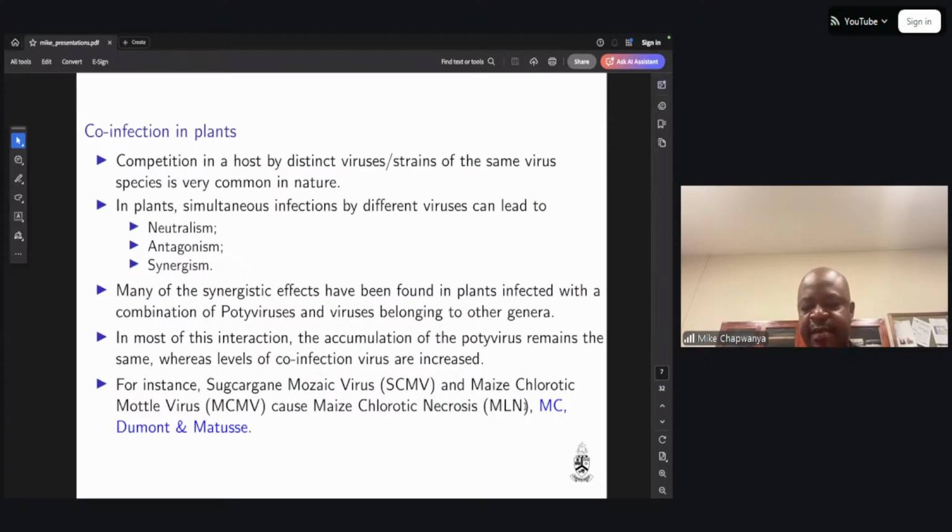And this MLN disease is more deadly compared to the other two. So in some sense, you have two viruses that cause another new virus to come up. And that new virus is more deadly compared to the previous two viruses. And this, again, in human or animal diseases, it's not yet documented.